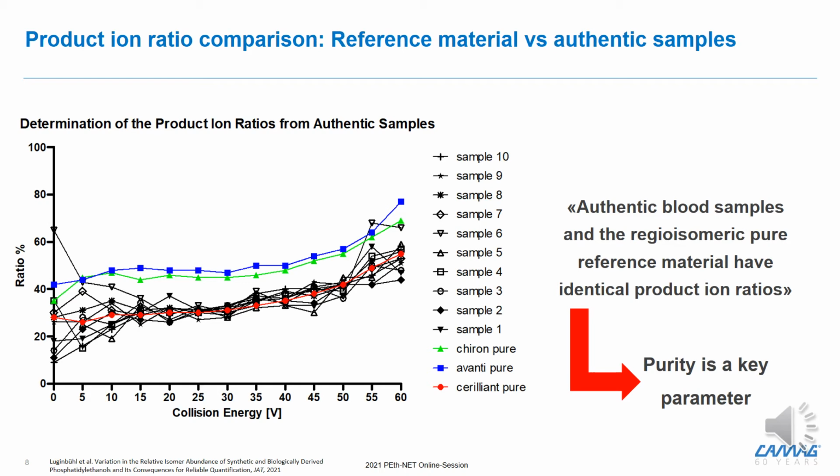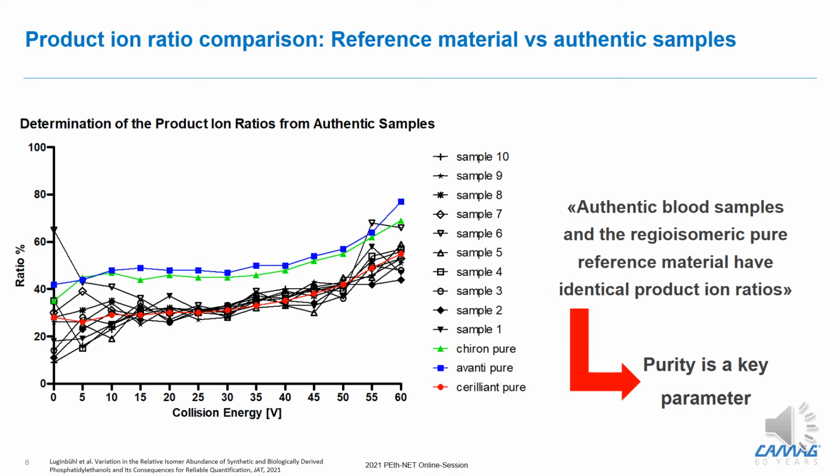When comparing the product ion ratios from reference material with authentic samples, we observed that the two impure reference materials, the one from Chiron and the one from Avanti, have much higher ratios than 10 randomly selected authentic samples.